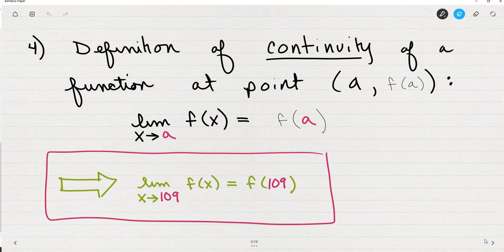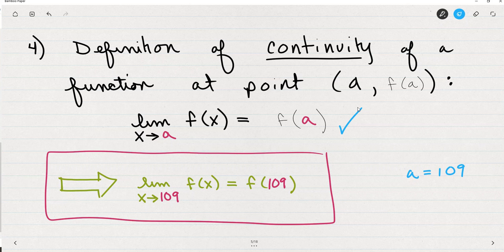One more example here. Write an equation that expresses the fact that a function is continuous at the number a equals 109. The definition of continuity of a function at a point a gives us this: the limit as x approaches a of the function f of x is equal to the value of the function at a.